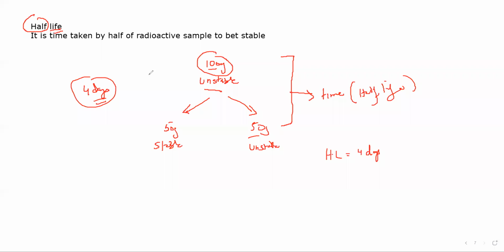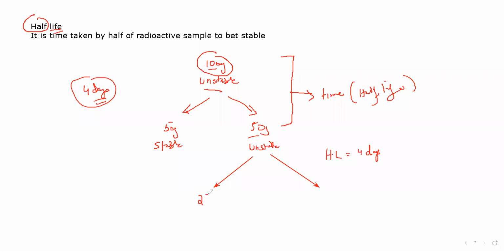Same thing, if I say the half-life of this sample is 4 days, you're left with 50 grams unstable. This 50 grams unstable will also decay. What is half of 50? That will be 25.